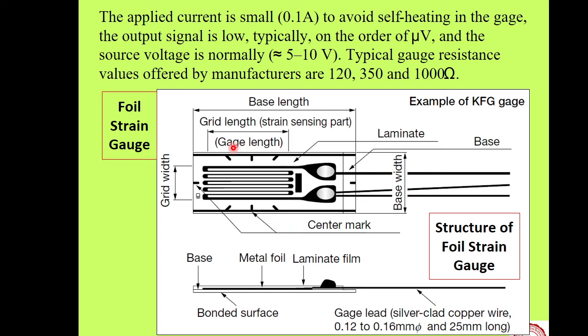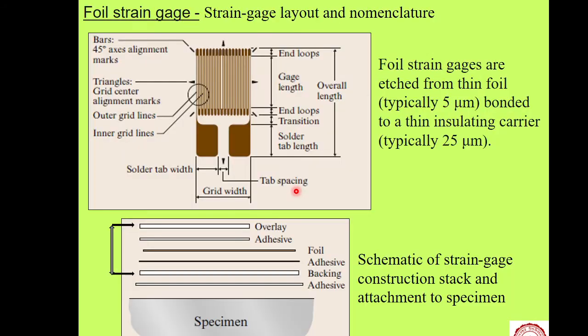If different manufacturers make strain gauges as per their own specification, the matching of the strain gauge with the strain instrument manufacturer will become difficult. So, there are some standards, and one such standard is the gauge resistance. This 120 ohm, 350 ohm and 1000 ohm are typical gauge resistance values. Okay, this part is done.